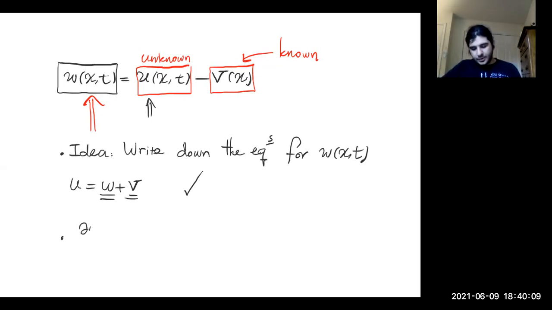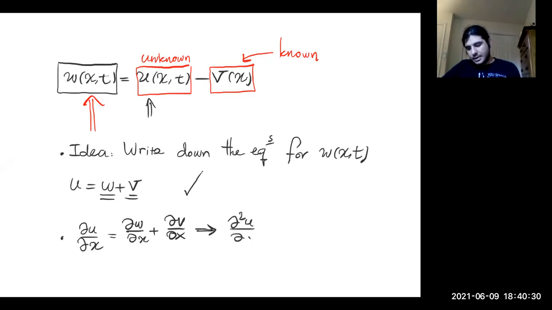The derivative of u with respect to x is equal to the derivative of w with respect to x plus the derivative of v with respect to x. Right? Now, let's take the second derivative. The second derivative of u with respect to x is equal to the second derivative of w with respect to x plus the second derivative of v with respect to x.